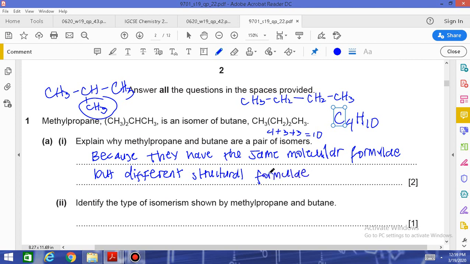When they have different structural formula, they also have different names.